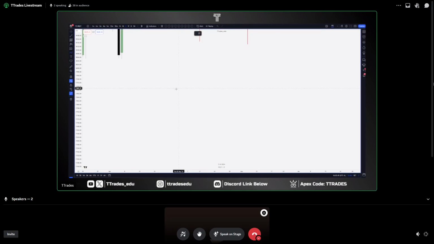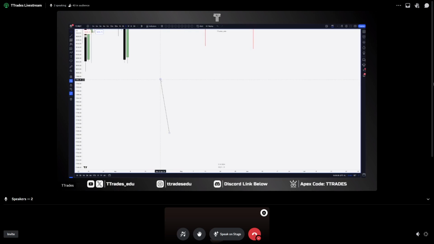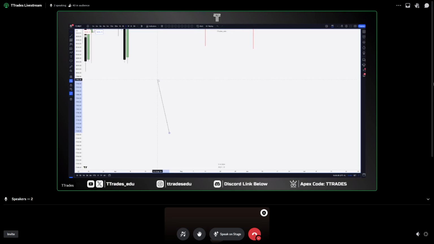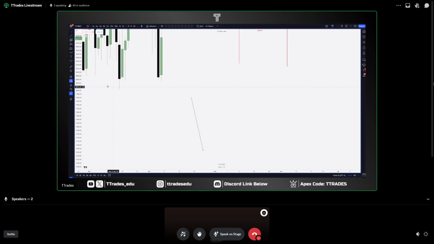So really the main thing I'm looking for is the direction of the daily candle, whether that is up or down. So if I am looking bearish, well, there is my direction, and that is what I'm focused on for the daily, right? The main thing I'm looking for in the daily is the direction of the next daily candle, right?